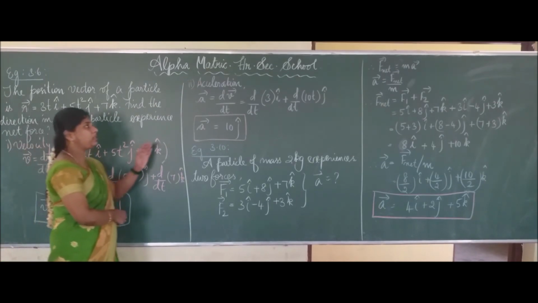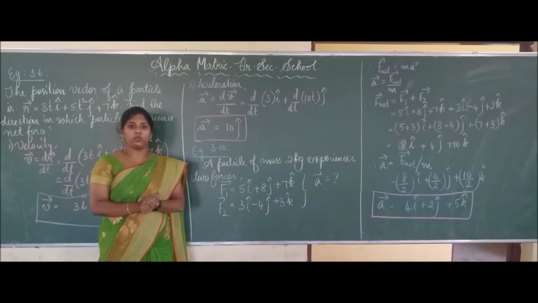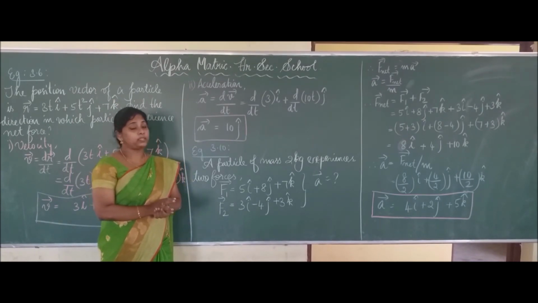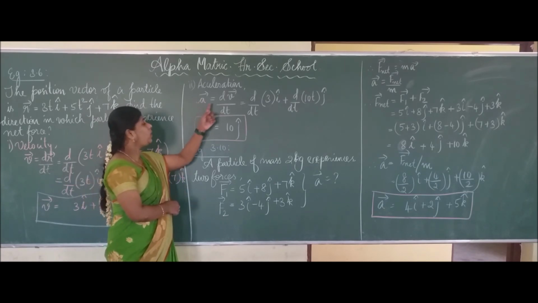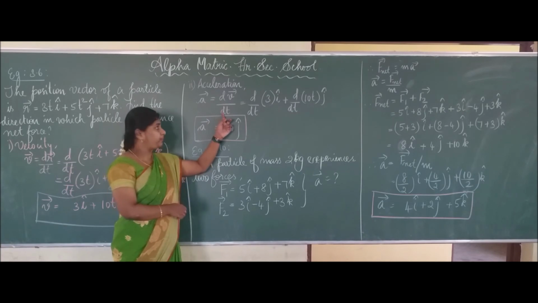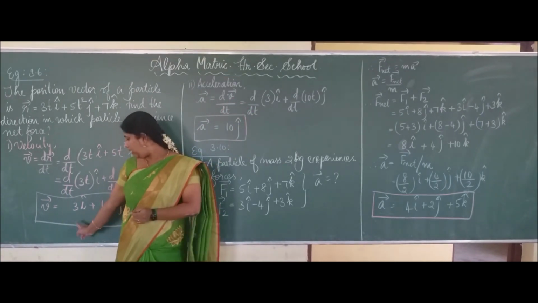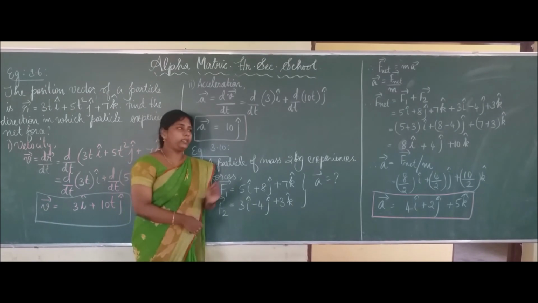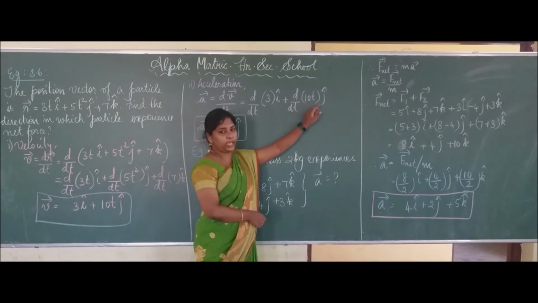Okay, the next is the acceleration of the particle. We know generally the acceleration formula is change in velocity by time taken. So a vector equal to dv vector by dt. So d by dt of the v vector value we got here, 3 i cap plus 10t j cap. So d by dt of 3 i cap plus d by dt of 10t j cap.